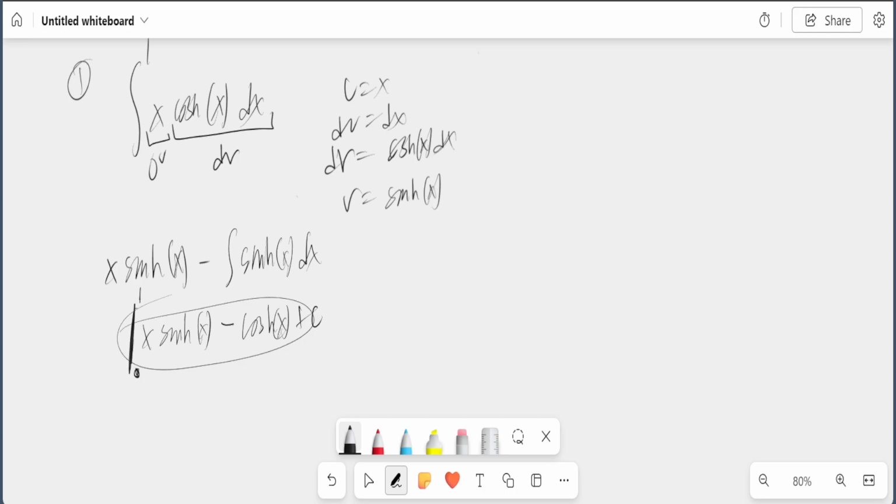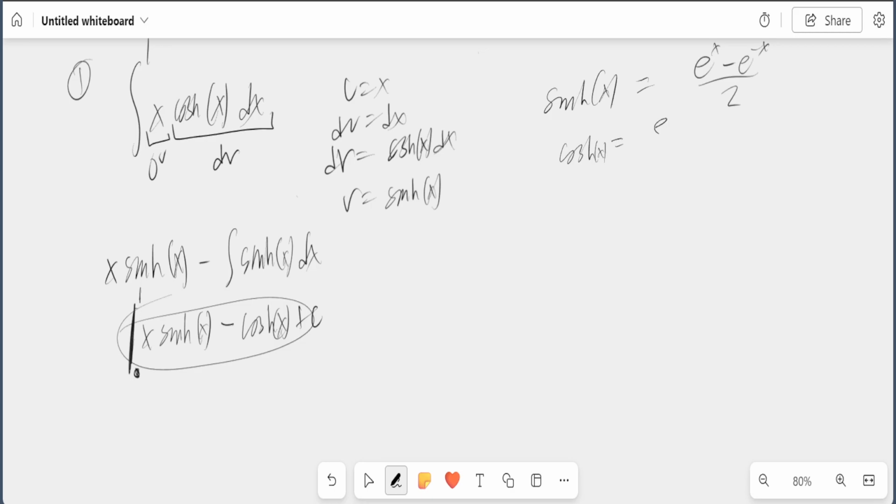So we know that sinh is e to the x minus e to the negative x over 2, and cosh is e to the x plus e to the negative x over 2. Let's plug in 1.